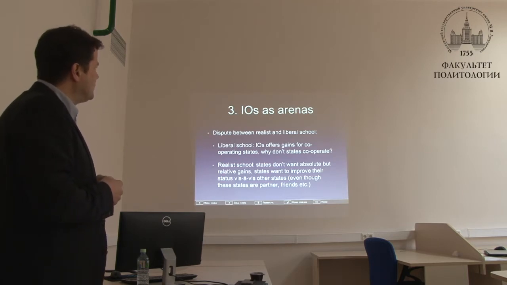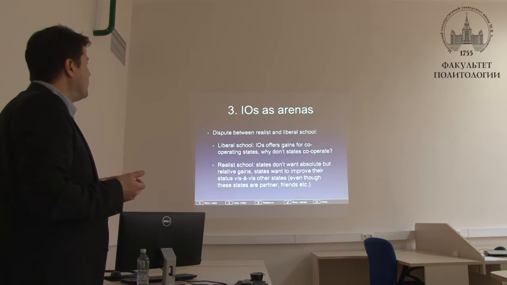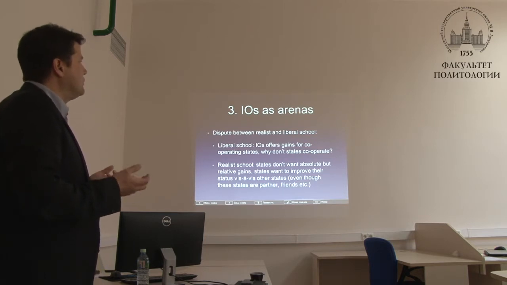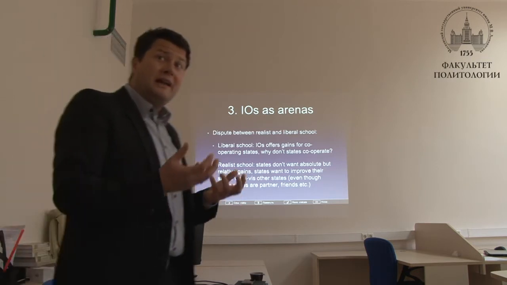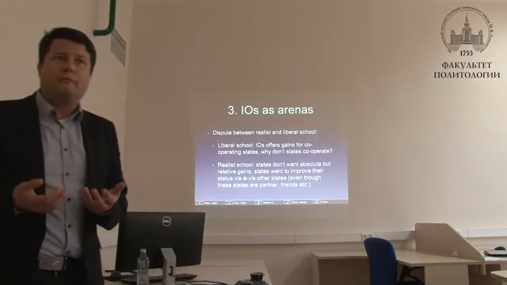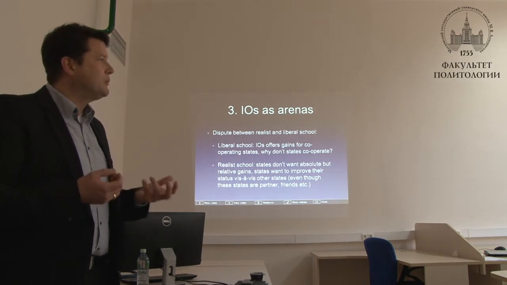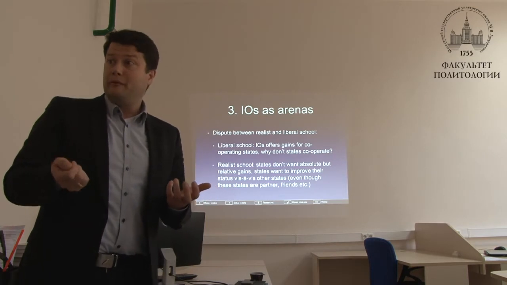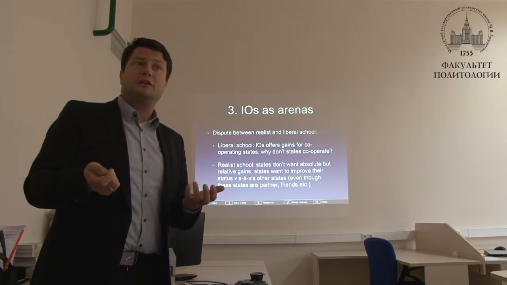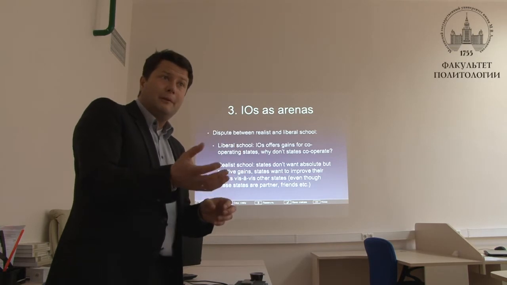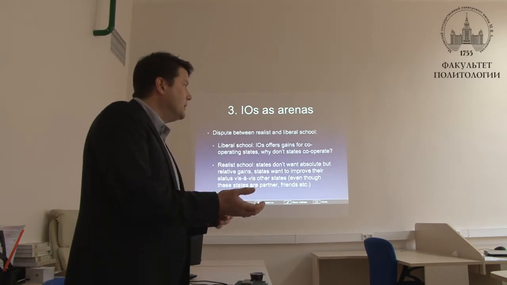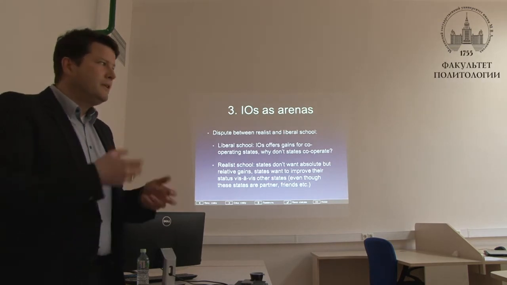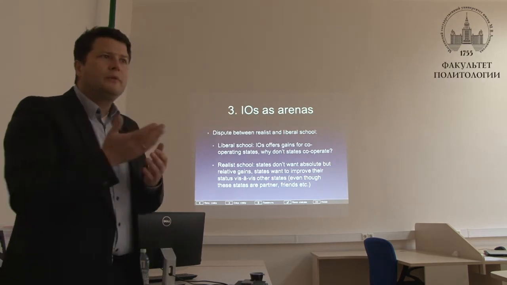And the liberal school also says it offers gains for cooperating states. So it's curious why states wouldn't cooperate. It offers real gains in terms of money, for example, because you don't have to pay the transaction cost that you usually have to pay if you wouldn't have the international organization. If there wouldn't be an international organization, for example, on trade, like the WTO, each and every state has to find certain ways how to deal with all the other states.